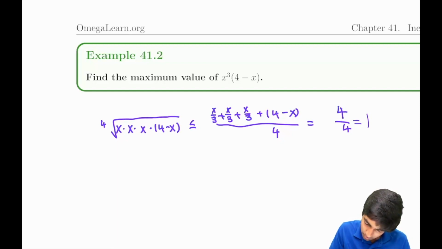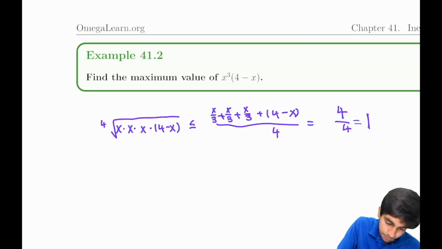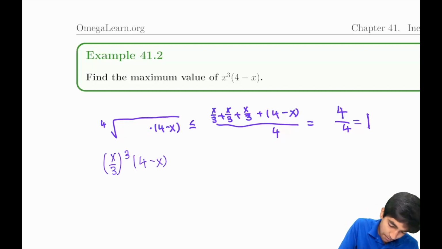Okay, but we're not trying to find the maximum value of x over 3 to the third power times 4 minus x, right? If we wanted to find the maximum value of this, then this would work.